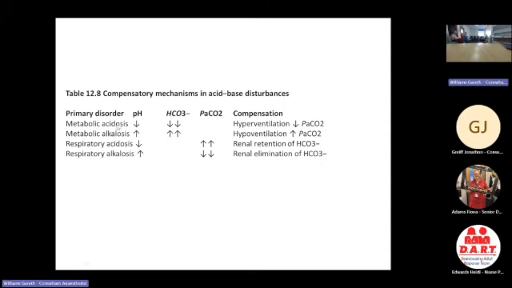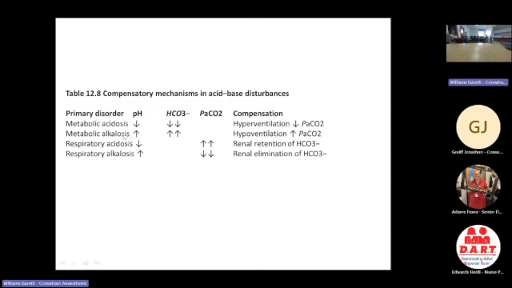In a metabolic acidosis, we get an acidemia, the pH drops, and the primary biochemical change we see on our blood results is a fall in bicarbonate. Very rapidly, that will be compensated for within a minute when you get someone with a lactic acidosis or DKA. They hyperventilate very quickly, and we see a drop in CO2. So that's the picture we expect to see in a primary metabolic acidosis with respiratory compensation.